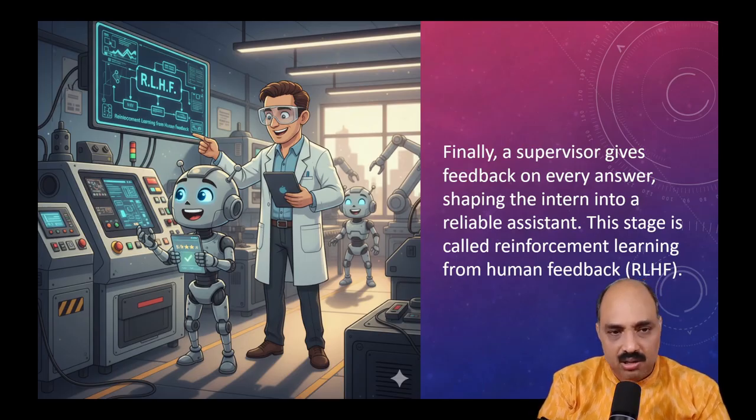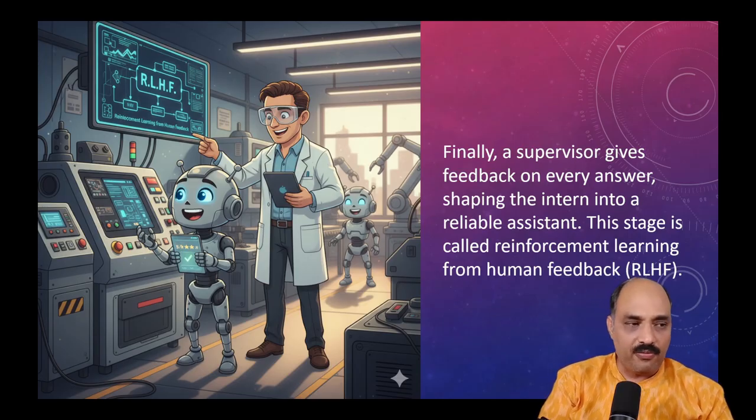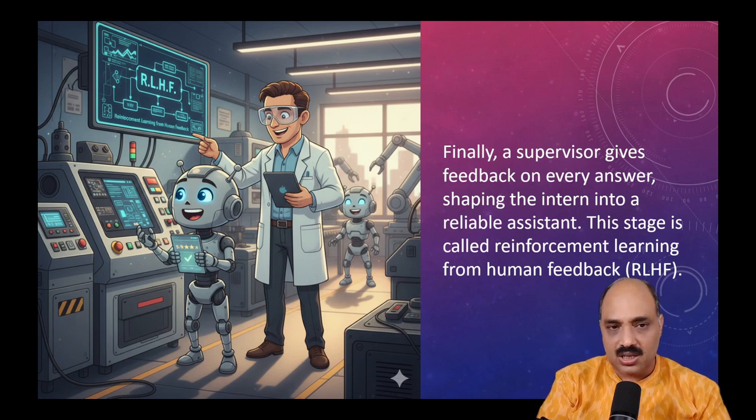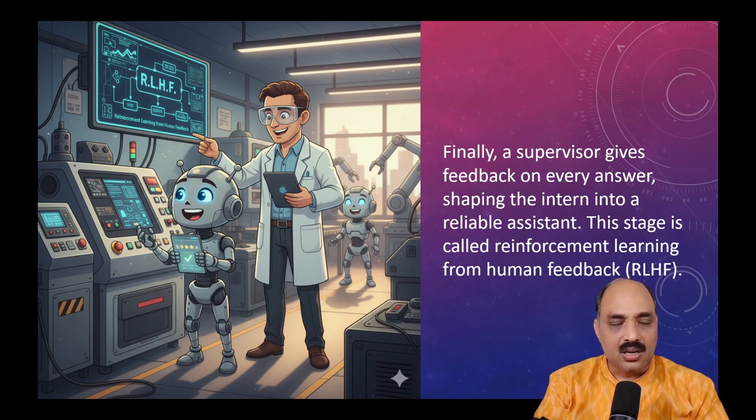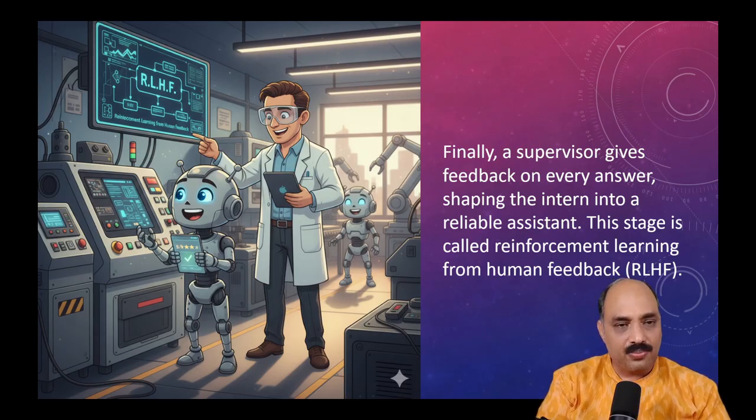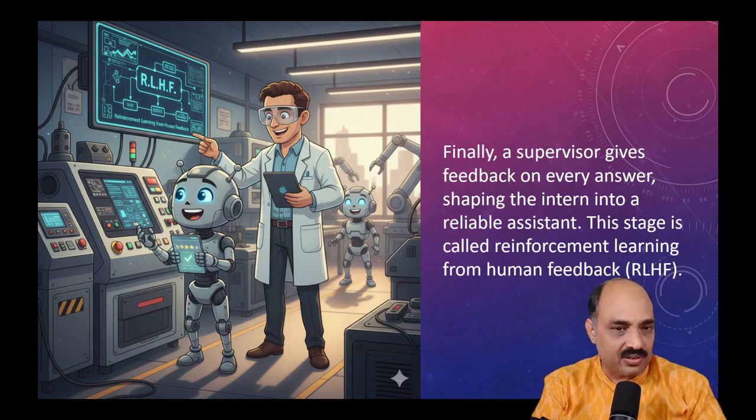Sometimes if he doesn't know what to do, he still gets 0 points. Based on that, Chitti will adjust: if I get this kind of question, I have to answer this way, because my human learning partner has given me something like this. So that is where the LLM goes through three phases.